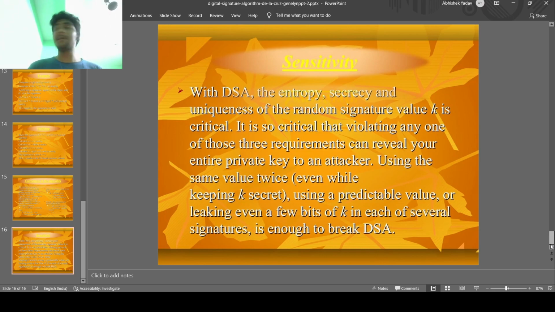Even if only a few bits of k are revealed, your private key can be hacked by an attacker. Using the same value twice, even while keeping k secret, using a predictable value, or leaking even a few bits of k in each of several signatures is enough to break DSA.